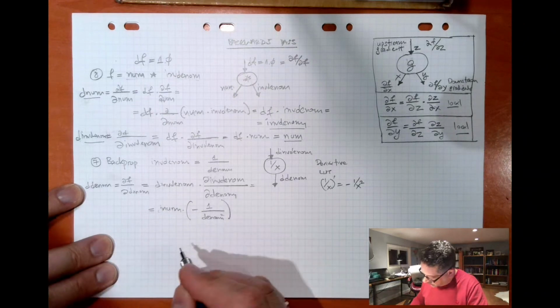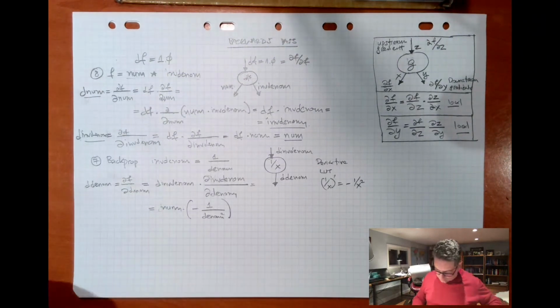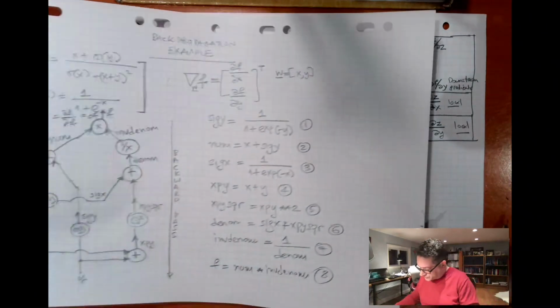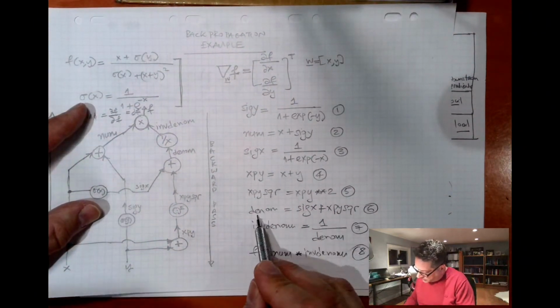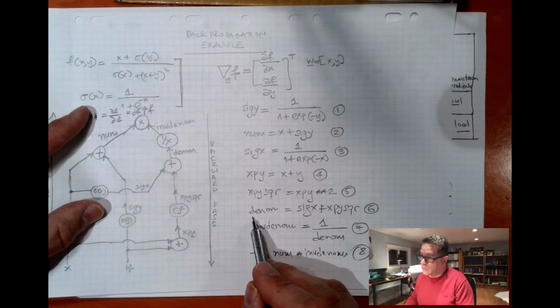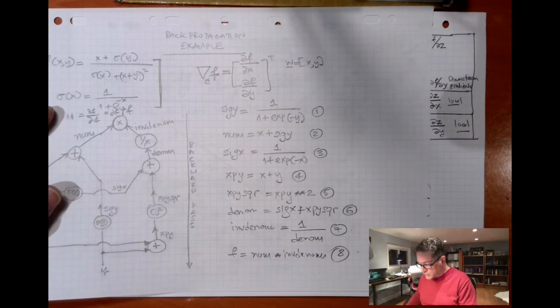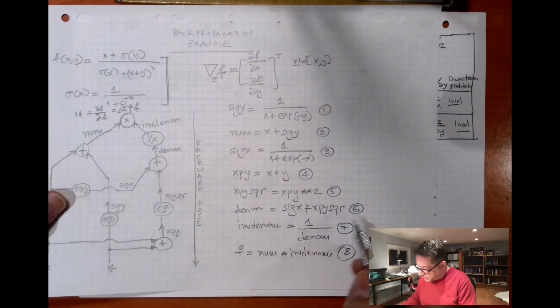denom squared. Both of these quantities are known to us because denom was in fact obviously calculated in the forward pass. It is actually present here in equation 6, so it was calculated in the forward pass, and therefore we are able to store it. We have already stored it in memory from the forward pass.